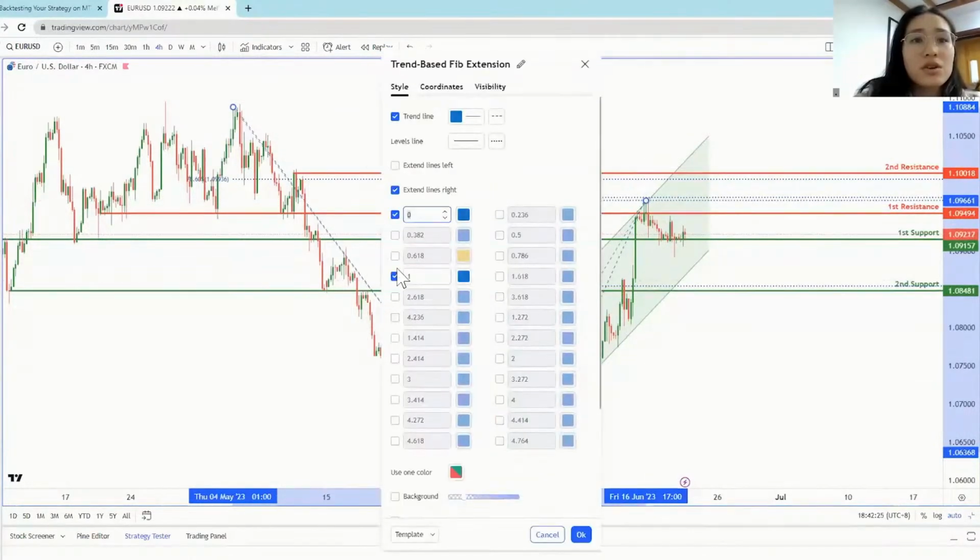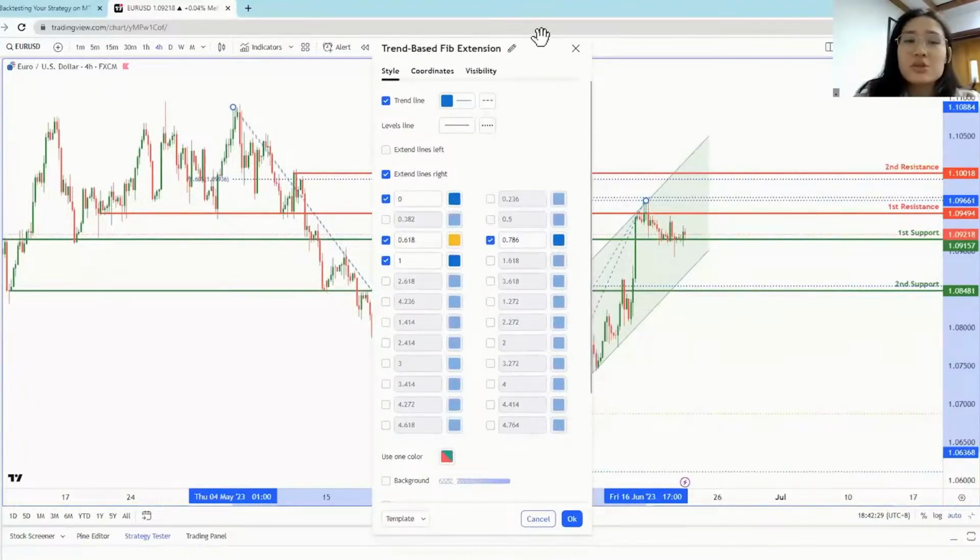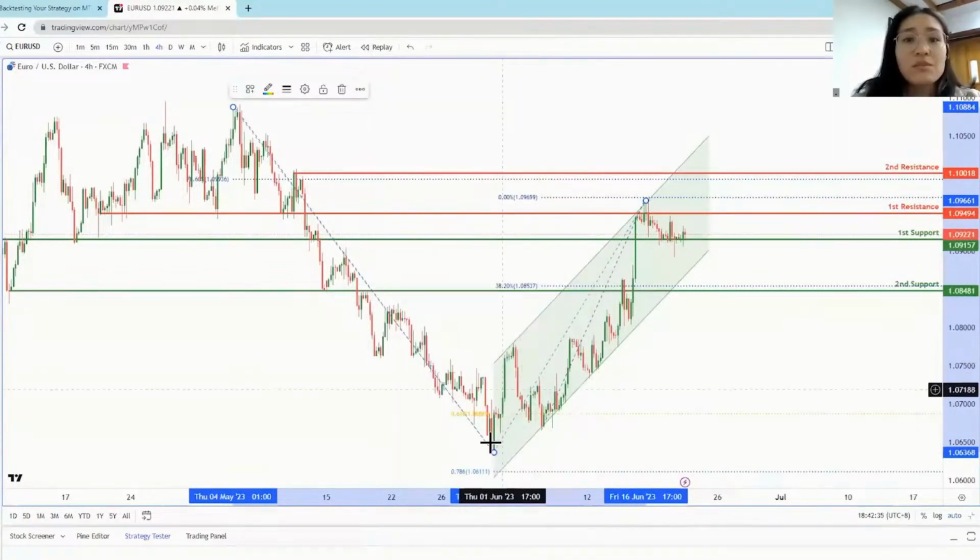Okay, so now I'm going to look for a retracement. Not retracement, sorry, projection. So for projection, we use these 3 levels, 61.8, 78.6, and 100%.